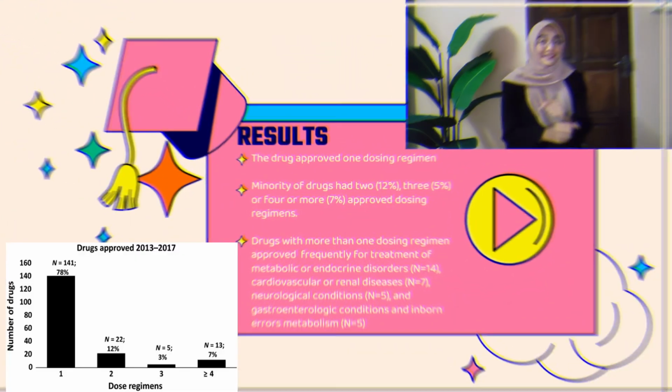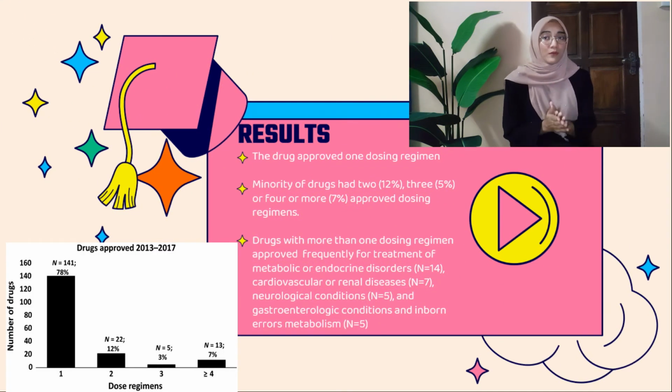Next, based on the results given, we can see that most drugs were approved with one dosing regimen, whereas a minority of drugs had 2 (12%), 3 (5%), and 4 or more (7%) approved dosing regimens.